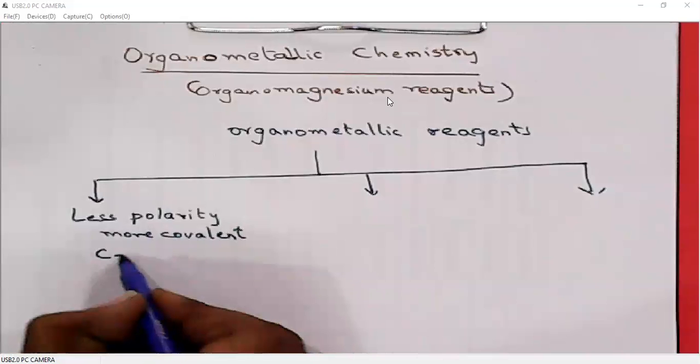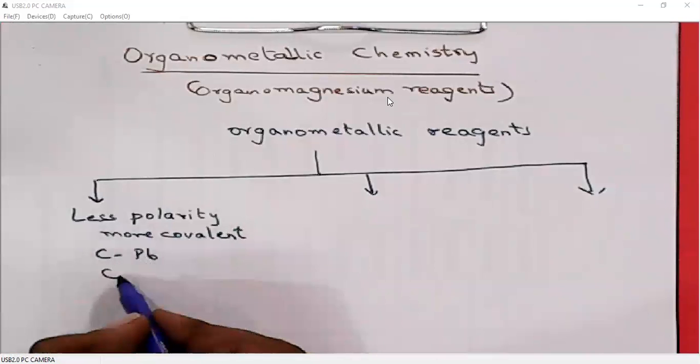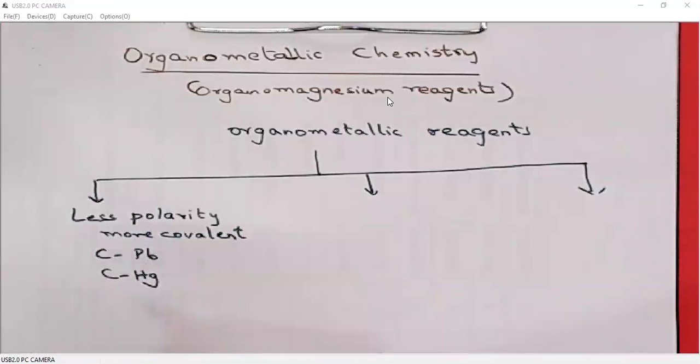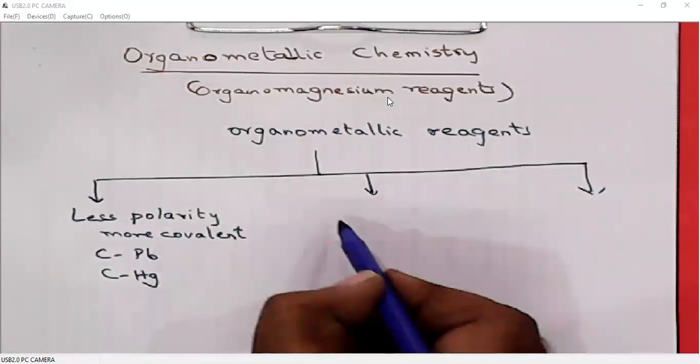Generally, carbon-lead, carbon-mercury, whose electronegativities are almost similar to carbon. So they'll have less electronegativity differences. So that is why these carbon-metal bonds are less polar, or we can say more covalent.